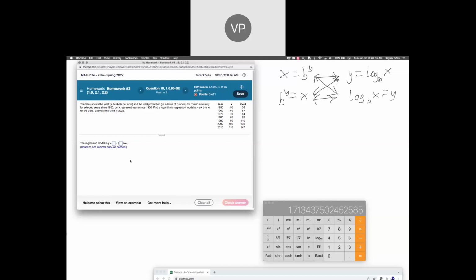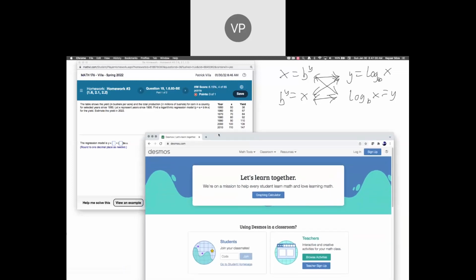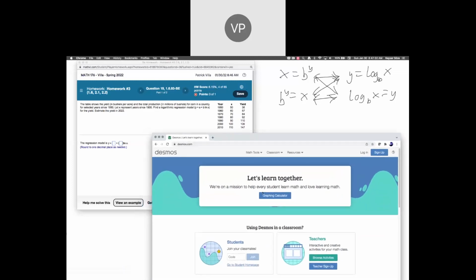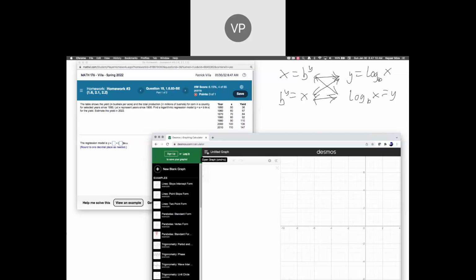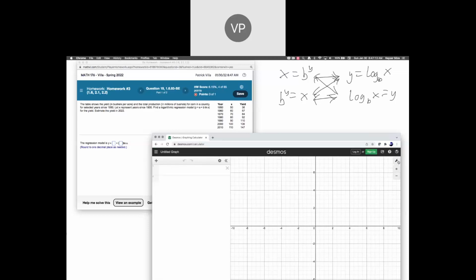So what I want to show you is, if you have a calculator, you can do that. If you're on Desmos, like we have right here, I'll show you where we go. So you go into your graphing calculator. You want to go into these tools. No, not the tools, sorry.